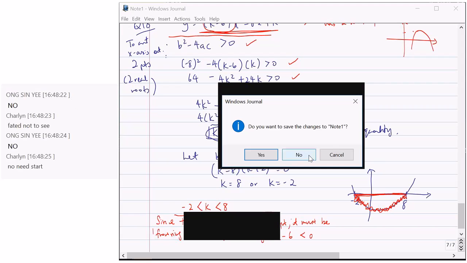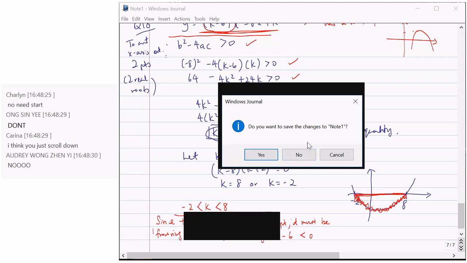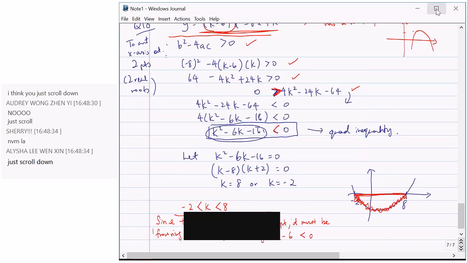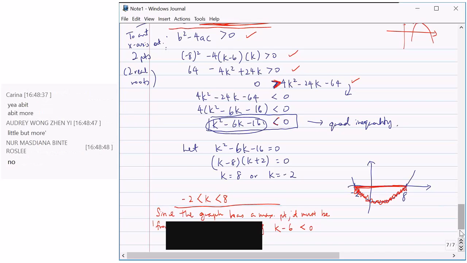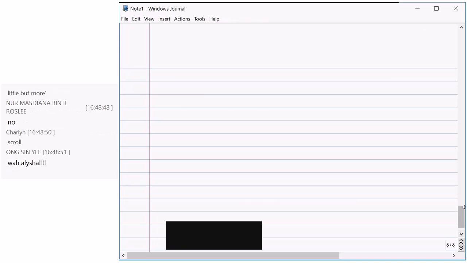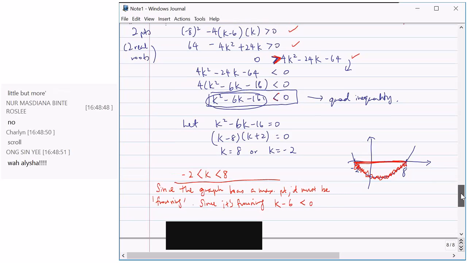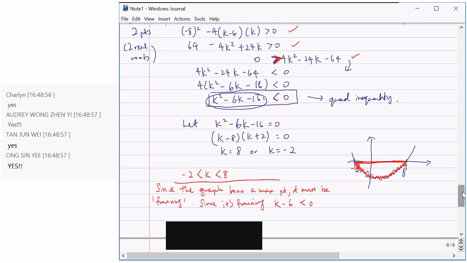No need to start. Then what should I do? Tell me. Just scroll down. Okay, let me try. Is it like that? A bit more. Sorry. Like this. Like that, can you see that? What's that black square?